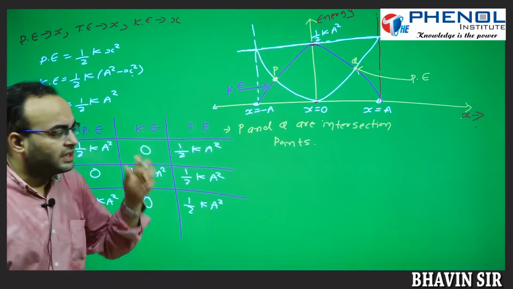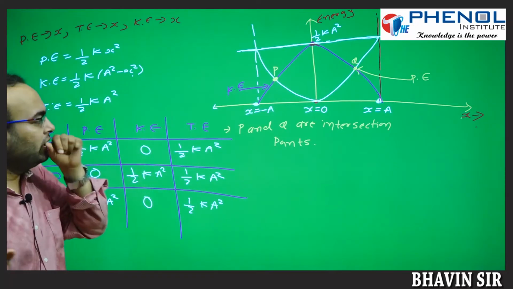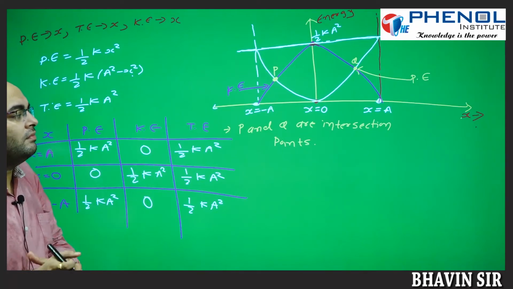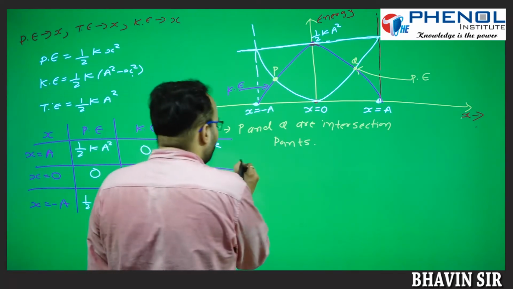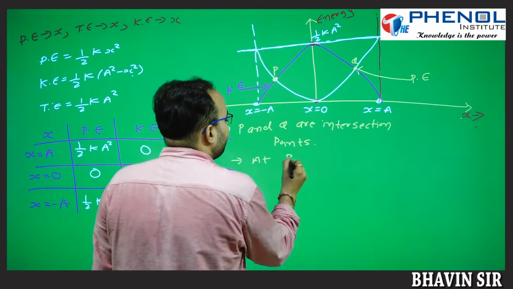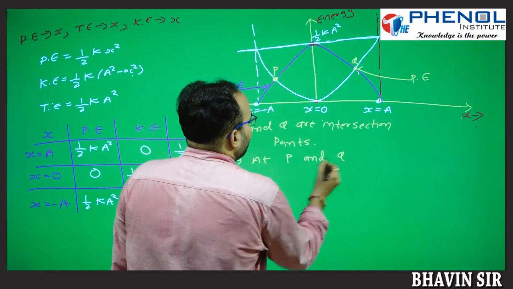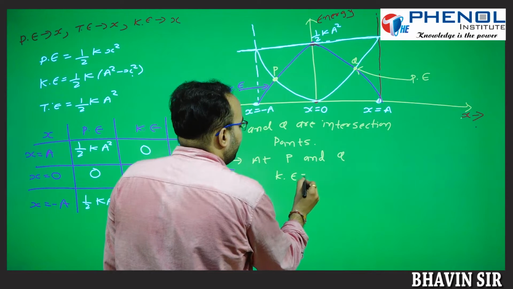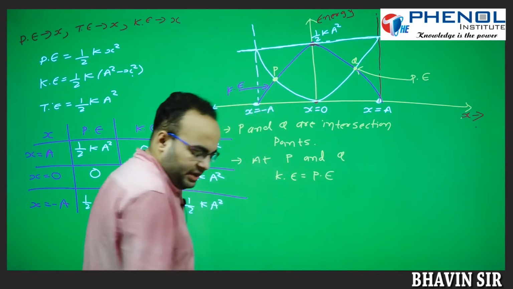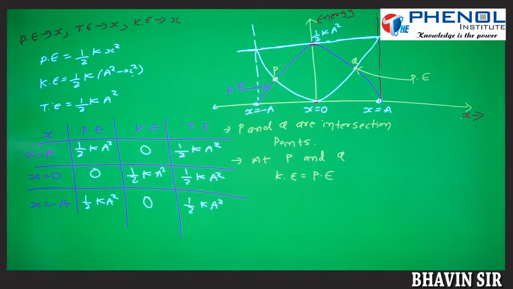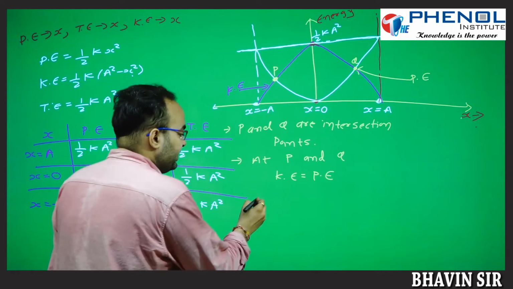So at P and Q, kinetic equals potential.